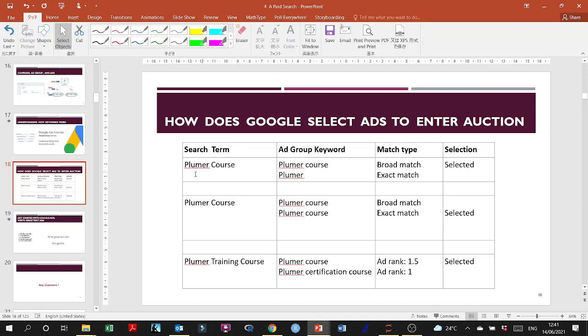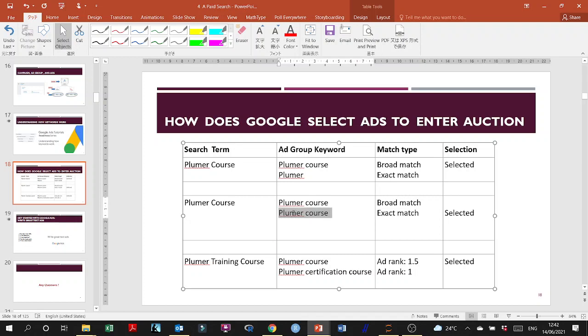So if the search term was plumber course, and you have a broad match for plumber course and an exact match, of course the exact match will be selected for the same keyword. So basically, what does that tell you? This tells you probably you don't need plumber course as a broad match.